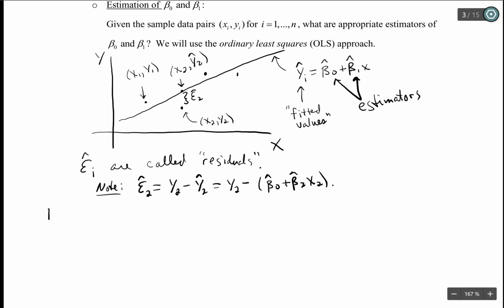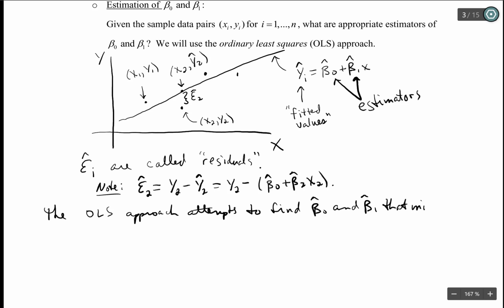We want to get to that point eventually. Let me write out what I said: the least squares approach attempts to find beta naught hat and beta 1 hat that minimize the distance between the data points and the line.